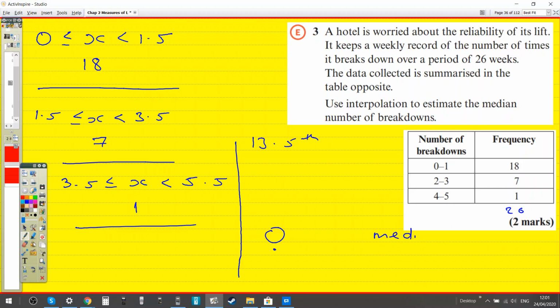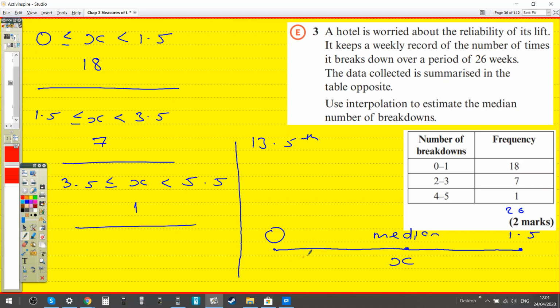So the median is between 0 and 1.5. Yeah. And what do you do? What matches up with what there? Do you know? So would the median be like 0.75?